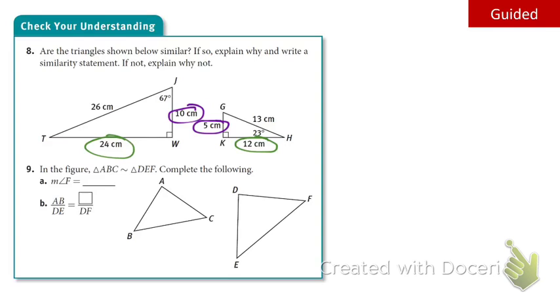And then we have 13 centimeters is going to match up with 26 centimeters. So let's take a look at that. So the first thing I'm going to do is try to see if the sides are proportional, the ratios of the corresponding sides.